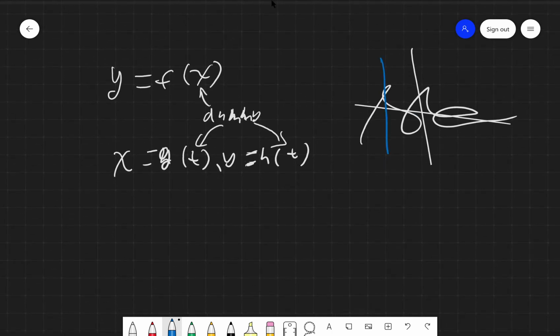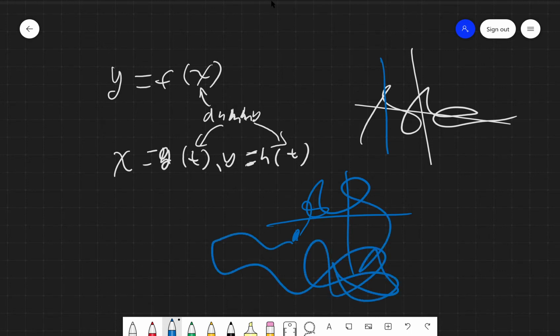Now, we do it because of that, and typically we use t as a parameter. That's what we call it. We use this in physics, like to define a particle's movement, like it might move like that.